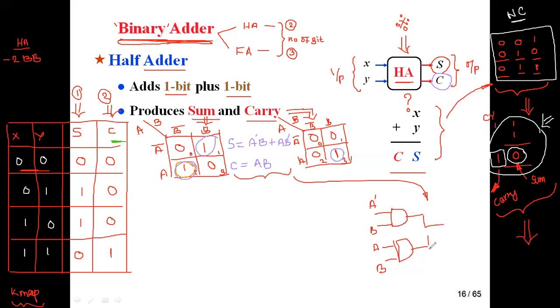Both are added. Very important fundamental, please listen. Added means this is the OR gate. So I can get the sum. This is the sum expression.